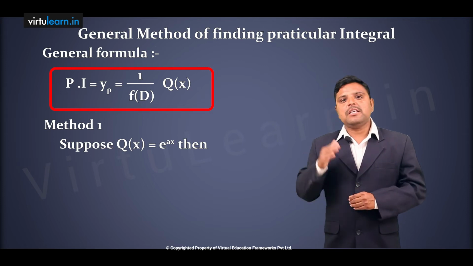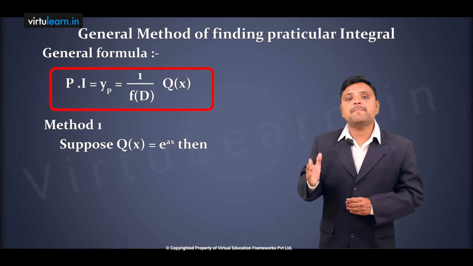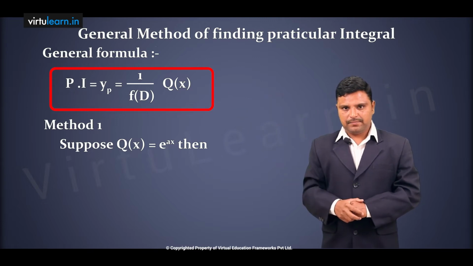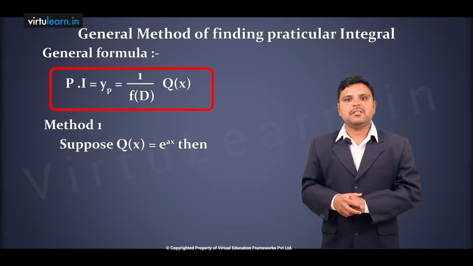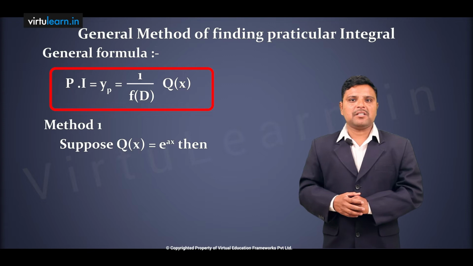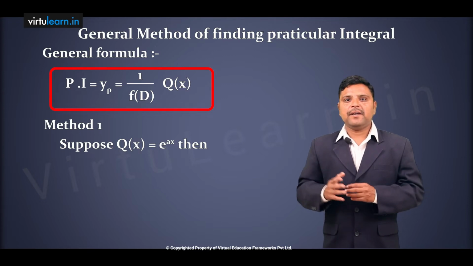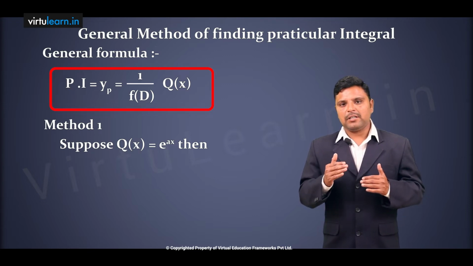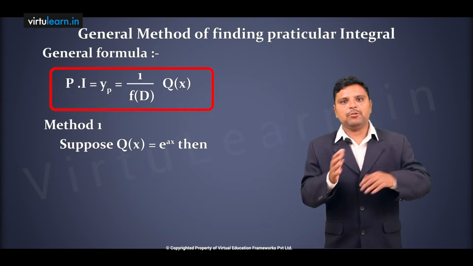Type 4 is q of x equal to e power ax into v of x. Type 5 is x power k into v of x. Like this we have 5 methods. In these 5 methods also we can solve differently. If it is not type 1, we will convert it into type 2.